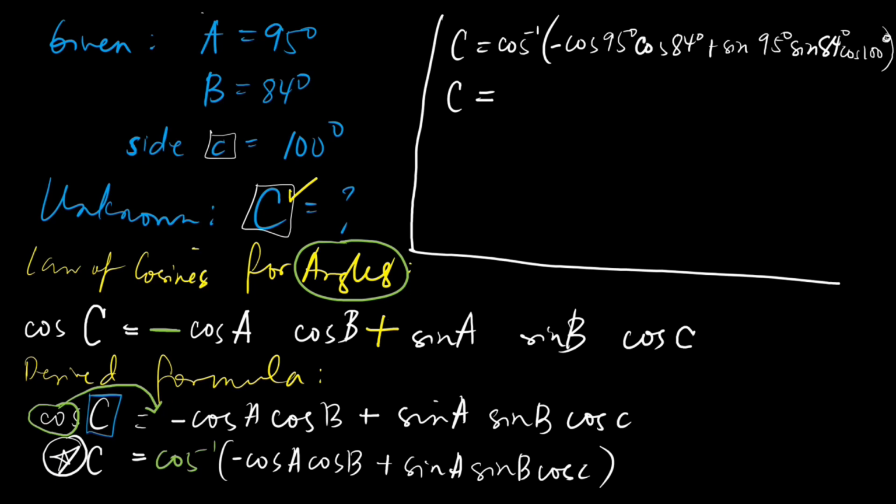Okay, then DMS format for the answer. The answer is 99 degrees, 22 minutes, and 37.11 seconds. So that is 37 seconds. Okay.